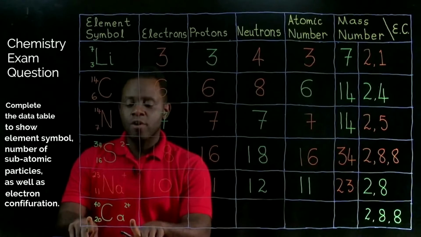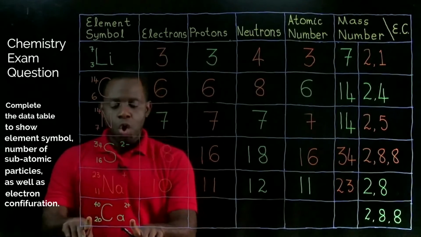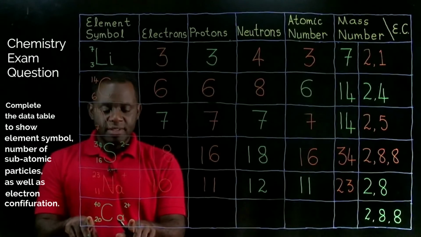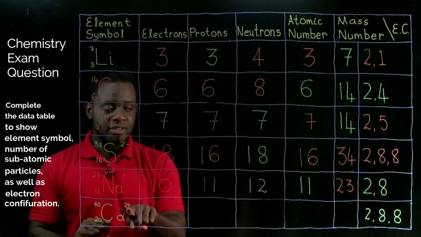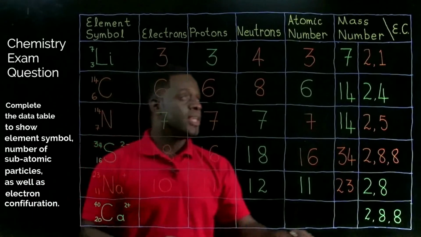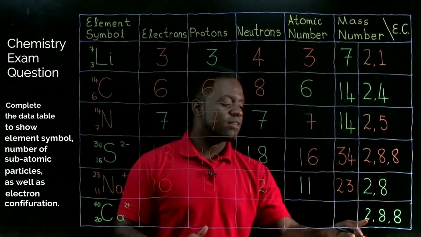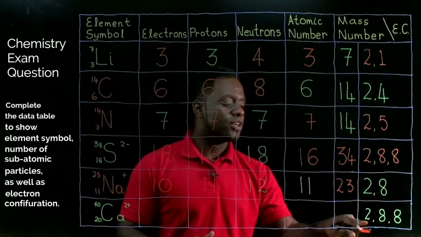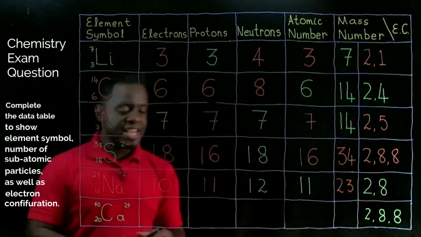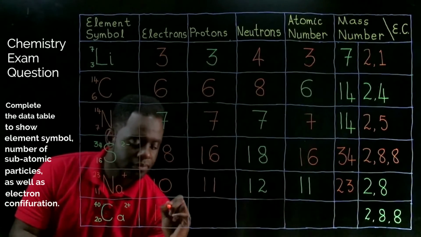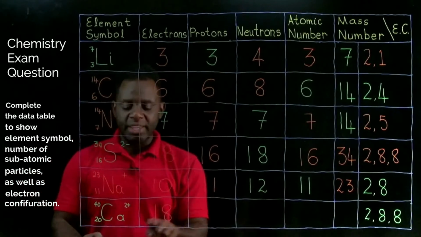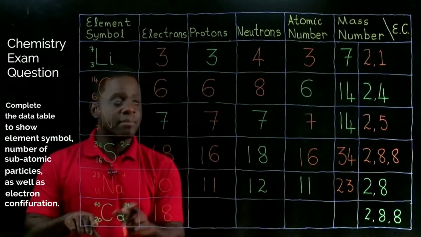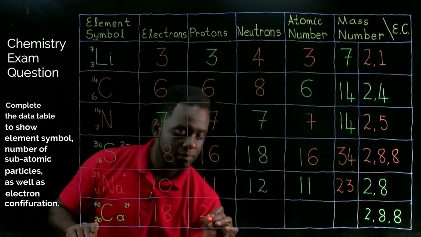Starting from calcium, our final element, the symbol tells us that there are 2 more protons than electrons. So the amount of electrons that we can get from looking at the electron configuration is 18. The amount of protons which we can get from the atomic number is 20.